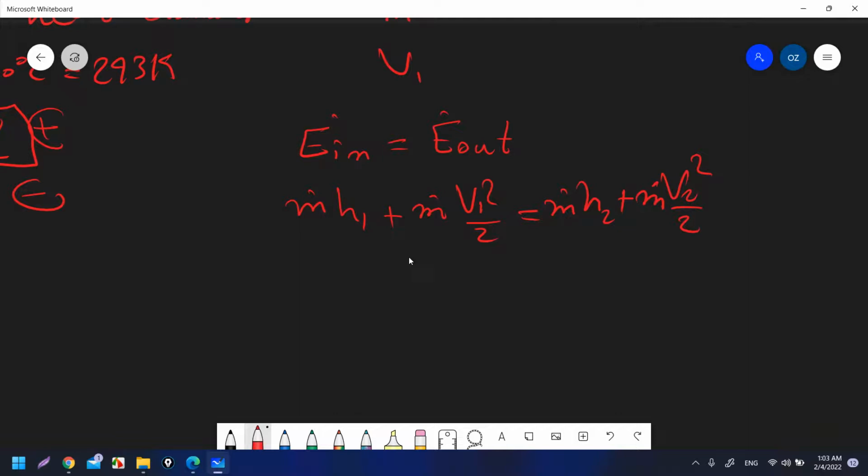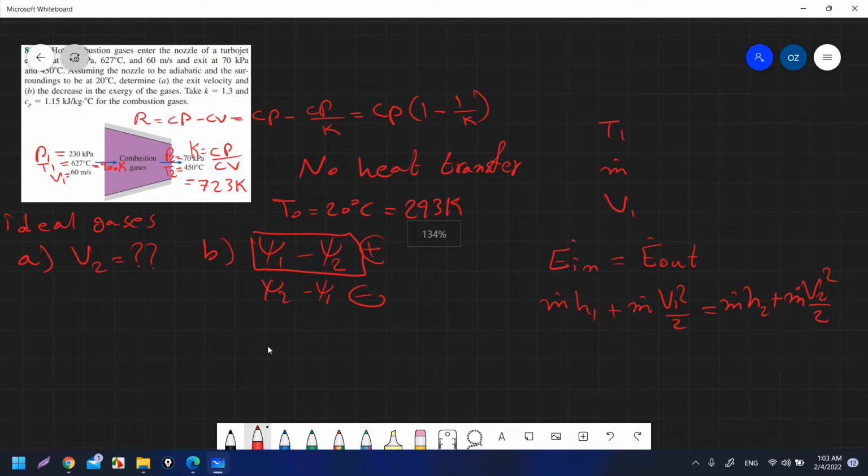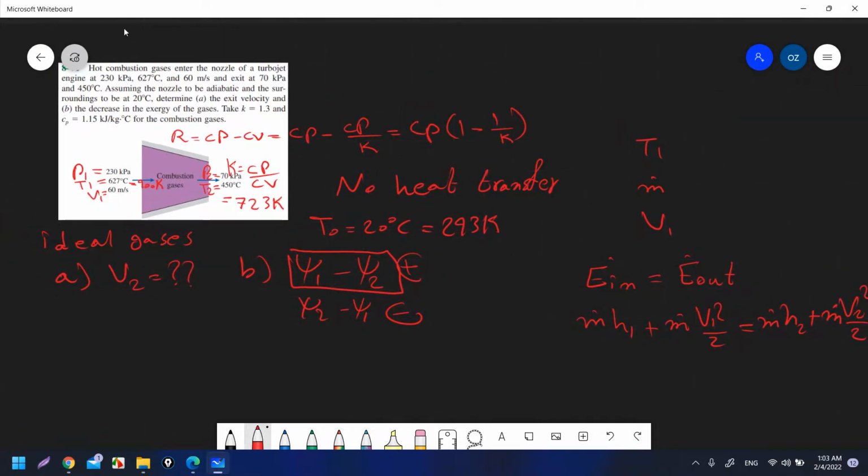I don't have the mass flow rate in the question, and he didn't give me a volume flow rate to divide, and he didn't give me an area. He didn't give me anything that I can use to find the mass flow rate.